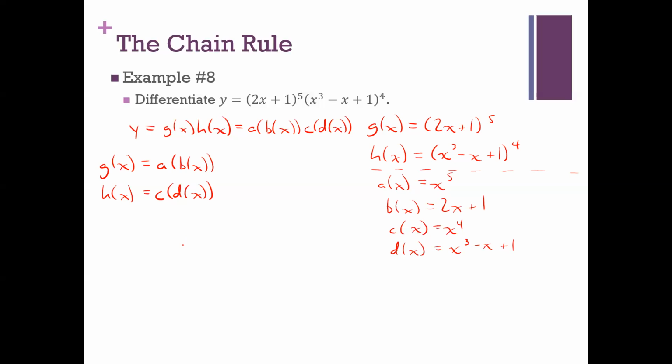All right. So now that I have all the right pieces and we're ready to go, how do I start thinking about the derivative? What is dy/dx? If I'm going to think about it in terms of these 4 functions, what rule am I having to use now? Product rule. So how does that work?